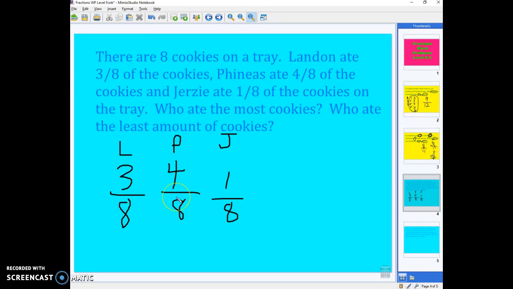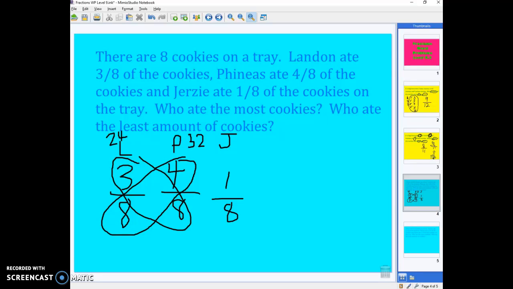We can do our butterfly method also to help us out. So I could just do the butterfly method on Landon and Phineas and see what I got. 3/8 and 4/8. 3 times 8 gets me 24. Whereas with Phineas, I got 8 times 4 gets me 32.